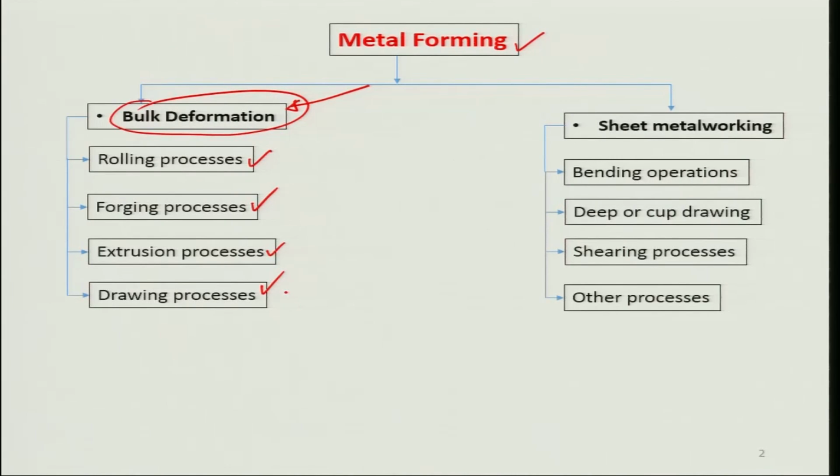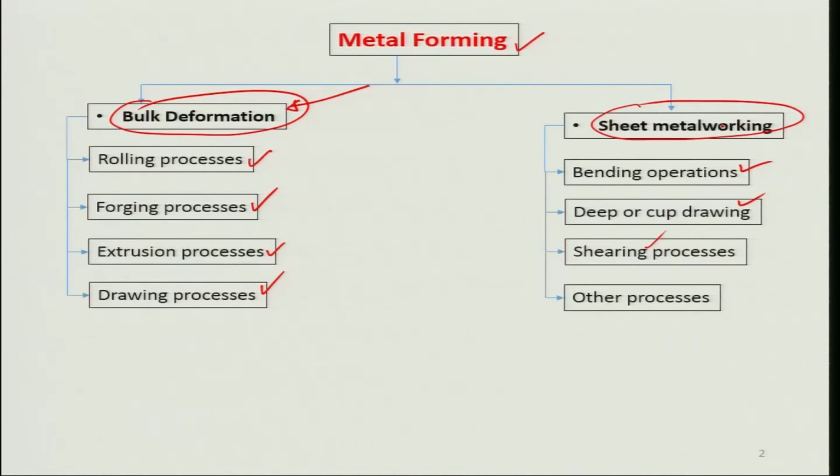Then there is another group of processes called sheet metal working processes, which also come into the metal forming domain. For example, bending operations, deep or cup drawing, or shearing processes. So they are classified into sheet metal working. So you have categorized the whole forming domain into either bulk deformation processes or sheet metal working processes.